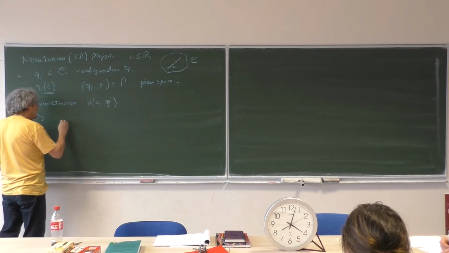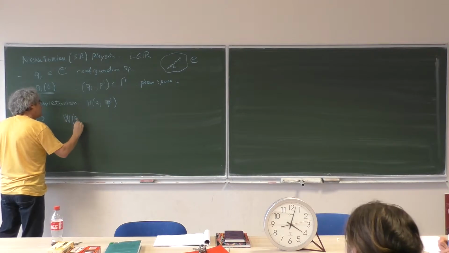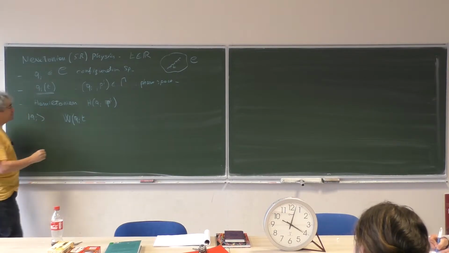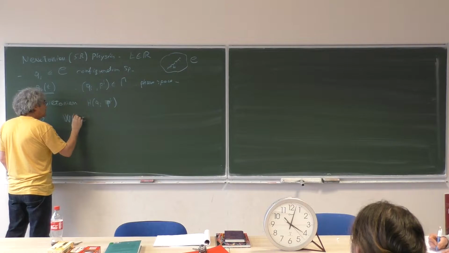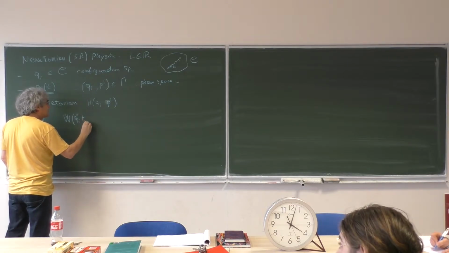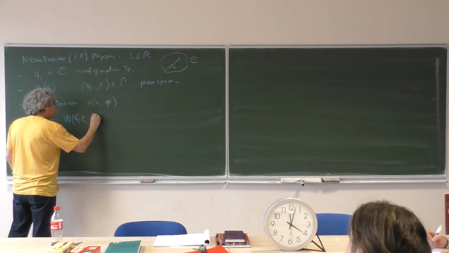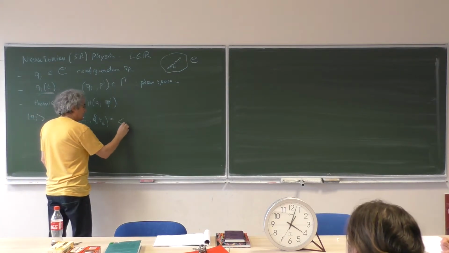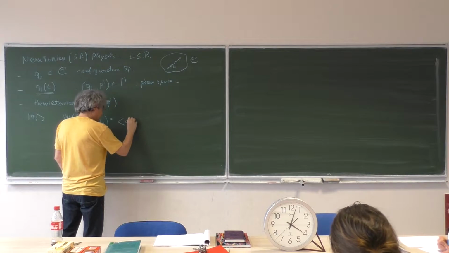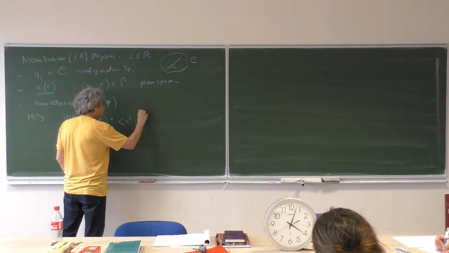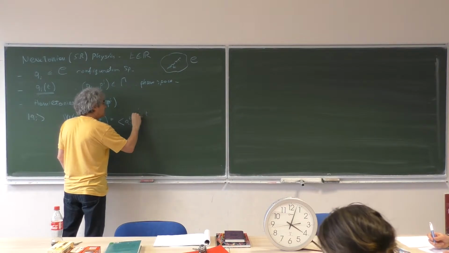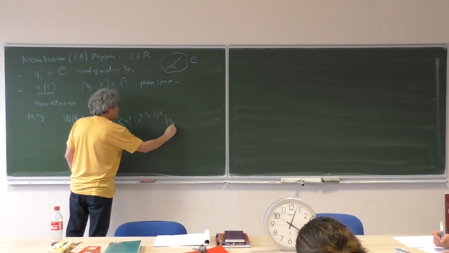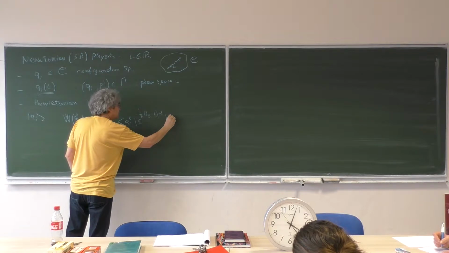And then the quantum dynamics is captured by the transition amplitude from some initial q_i initial at initial time to some final q_i final at final time t final, which is the bra q_i final, e to the i over h bar, t final minus t initial, H, ket q_i initial.